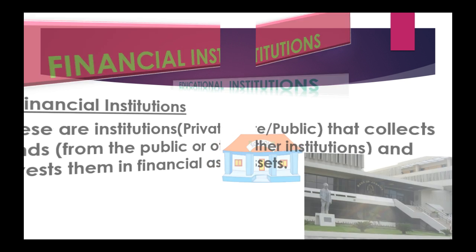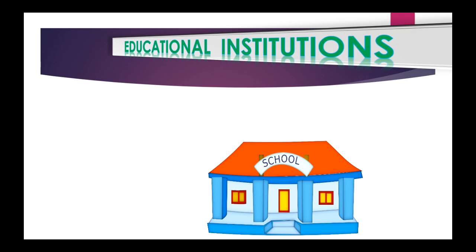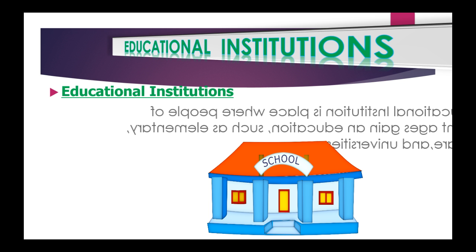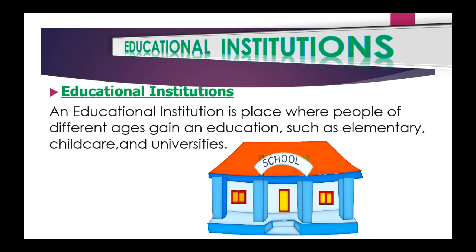So moving on, educational institutions. What is this really? An educational institution is a place where people of different ages gain an education, such as elementary, childcare, and universities. We all have been through that.